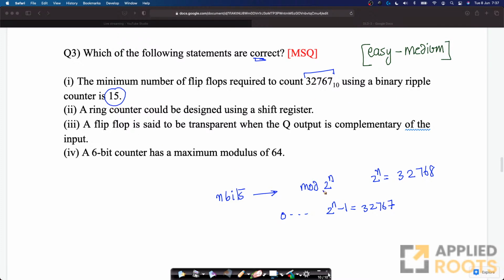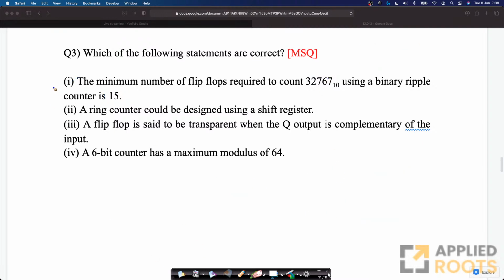You need at least 15 bits, mathematically speaking, to create a counter which will count from 0 up to 32767. So this option is correct.